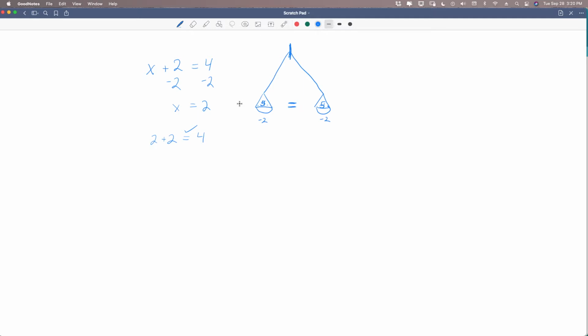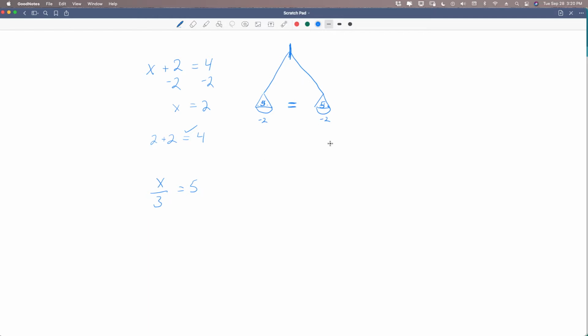Rule number 2 is that every term on both sides can be multiplied or divided by the same quantity without changing the solution to the equation. And that's illustrated when we have something like x over 3 equals 5. What we're doing is we're saying that we can do the inverse operation to both sides and maintain the equilibrium.